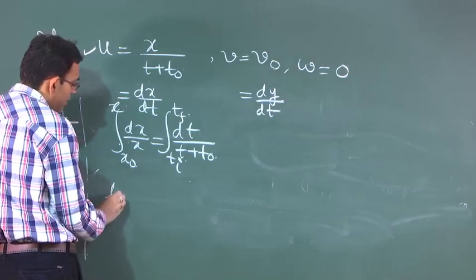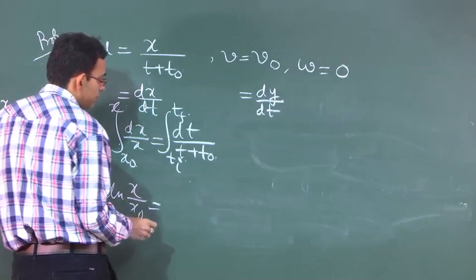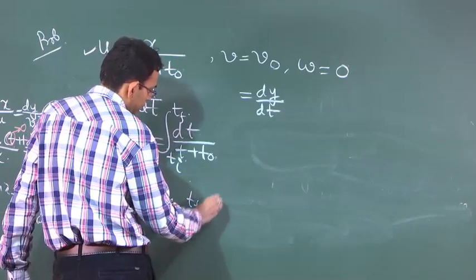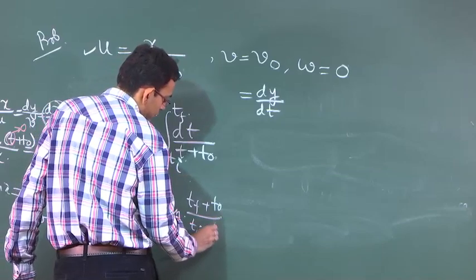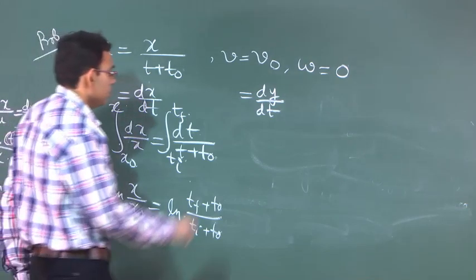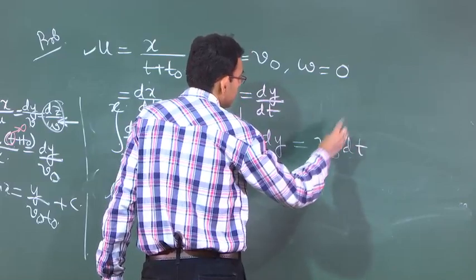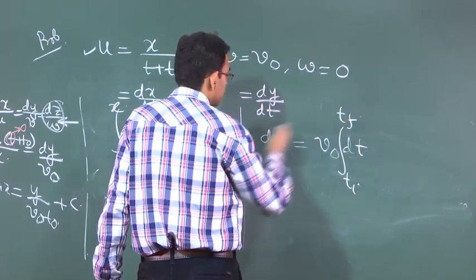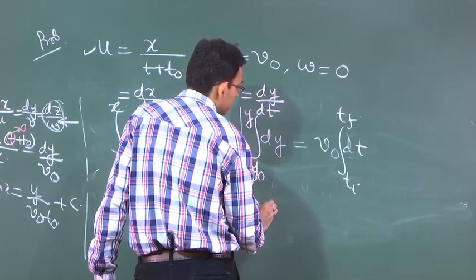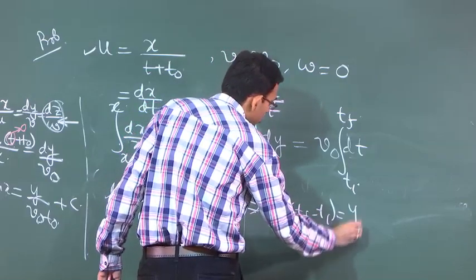So, you have ln x by x naught, and from this part you have dy, so you have V0 into Tf minus Ti is equal to y minus y0.